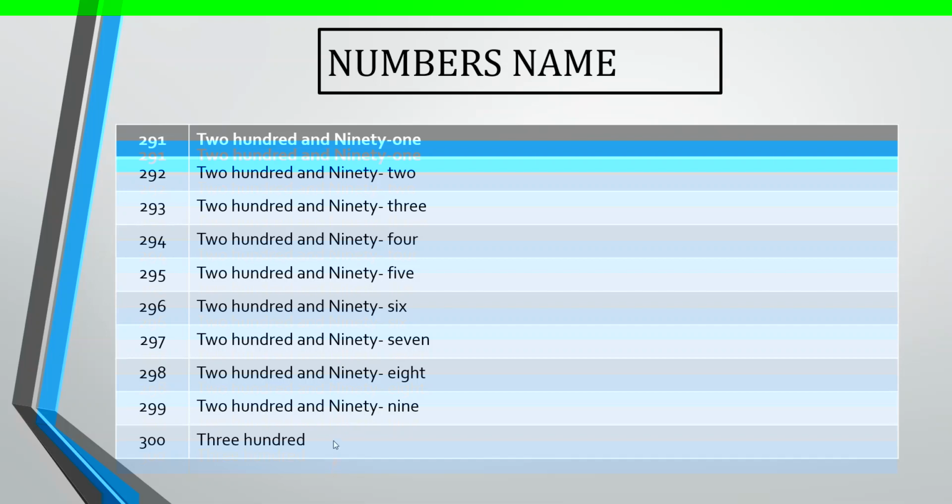This is the number from 291 to 300. Okay. Here numbers name and it's counting the number from 201 to 300.